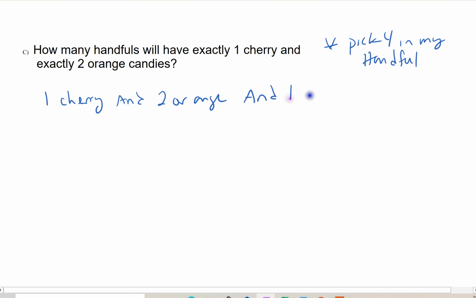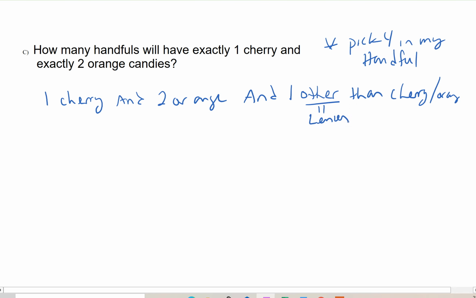I need 1 other, and this time the other means other than cherry or orange. So I've already picked cherry and orange, and the only other flavor available is lemon. I need 1 lemon to finish my handful, right?